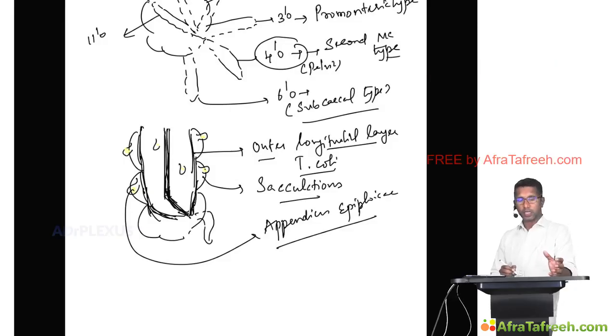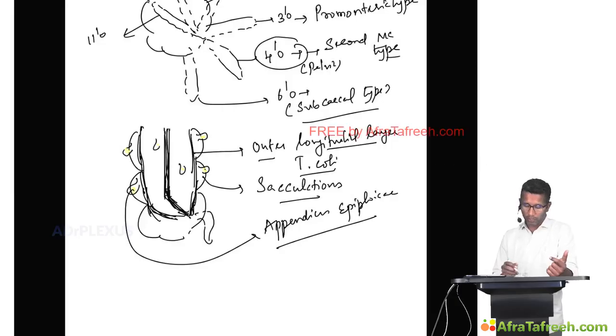So usually in a large intestine, there will be tinea coli, sacculations, and appendices epiploicae, and all these 3 are absent in the appendix. In the appendix you don't see these findings.